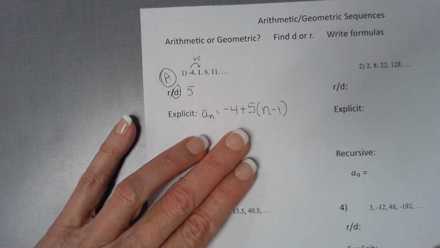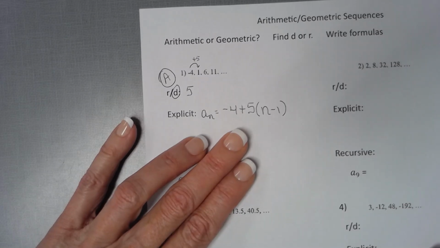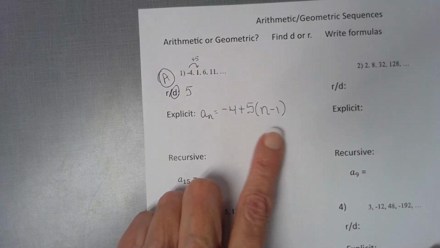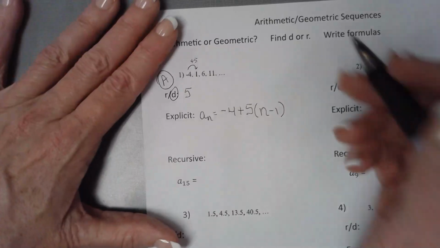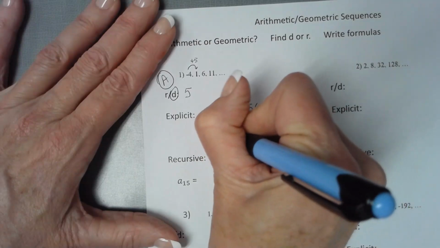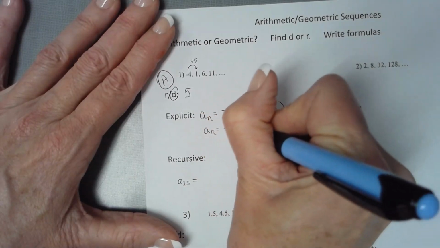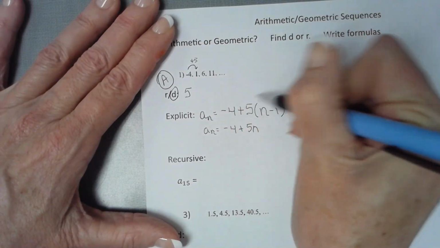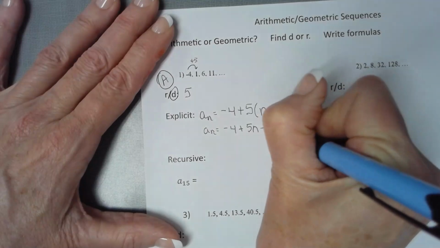Now, I'm going to show you how to simplify this, because they could give it to you in simplified form. Take a look here. What do you think you might do first to simplify this? Distribute. If I distribute, I get A sub n equals -4 plus 5 times n is 5n, and 5 times -1 is -5.